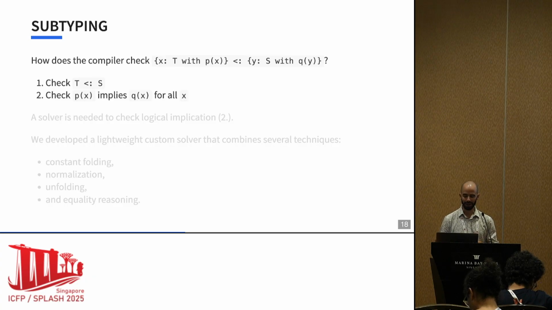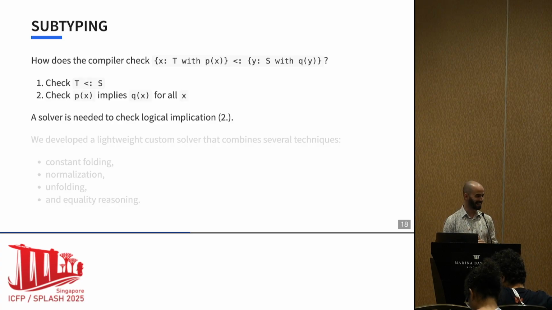And then what do I need to do for the predicates that are attached to each of these types? Well, I need to check that for any value, if the predicate of the first qualified type is true, then the predicate of the second qualified type is also true. So we need a solver that is able to check logical implications. And that's exactly what SMT solvers that we saw in the previous talk do.